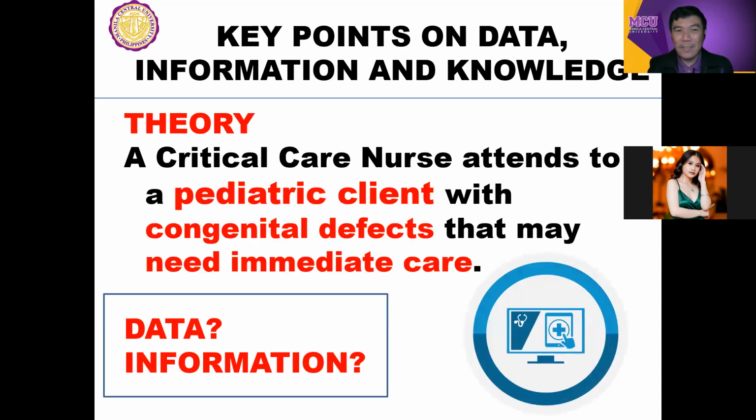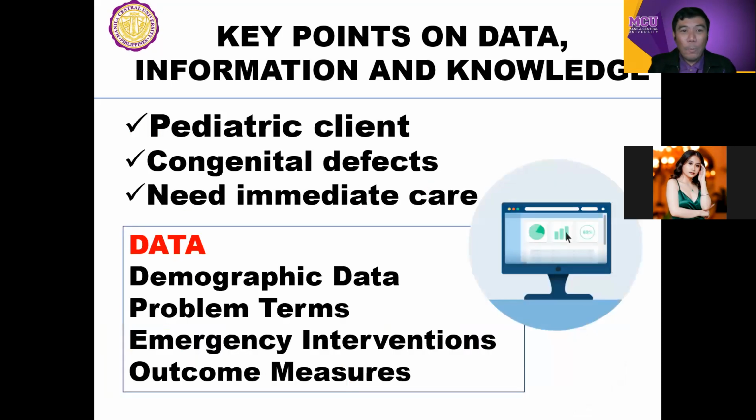The answer is, when we consider the theory we mentioned earlier about hanging questions, pediatric client, congenital defects, need immediate care, you may not consider it as information because we are hanging on the 4 W's and H. So that's why it's data. Now, how do we explain why it is data? We cannot identify what age group of pediatric client, because that is demographic data.